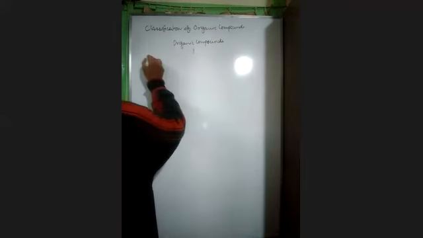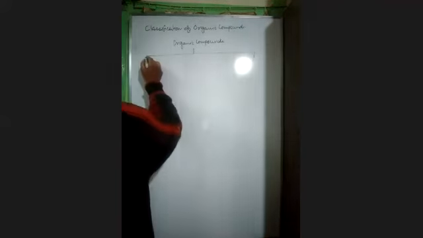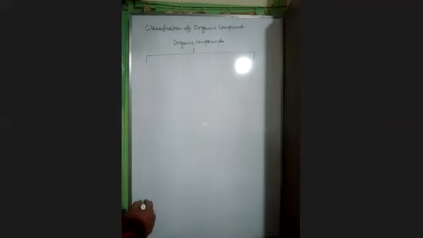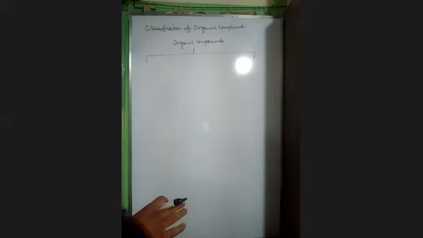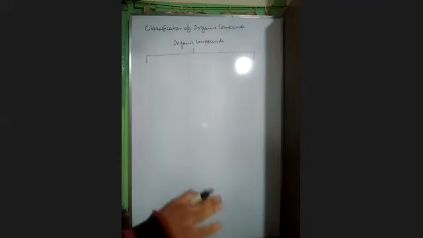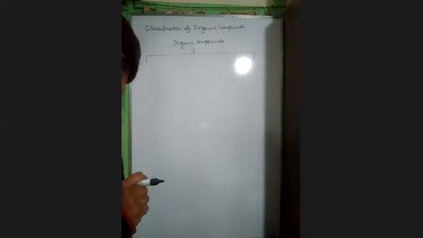See, organic compounds we can broadly classify into two categories, depending on how the chain is formed. In one case it is open, and in the second case it is closed.